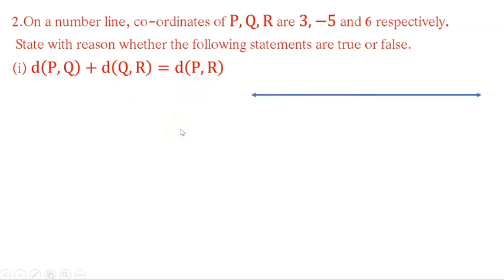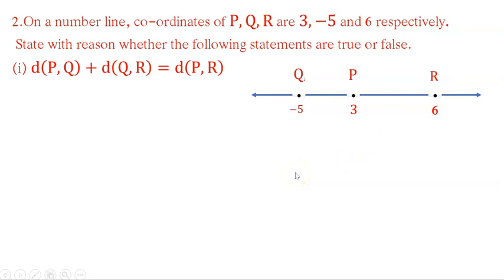Now see this here, we will draw the number line here. First, the point Q denotes -5, so it will be on the left hand side. Next point will be P, which denotes coordinate 3, and the last one will be on the right. Point R denotes 6.